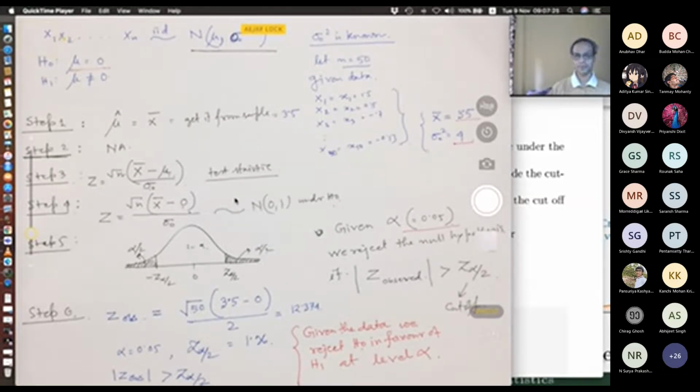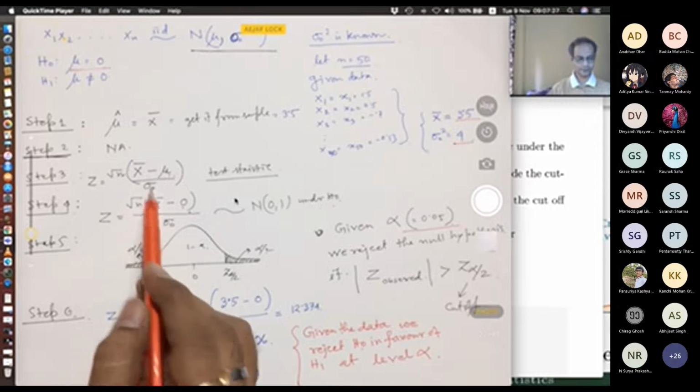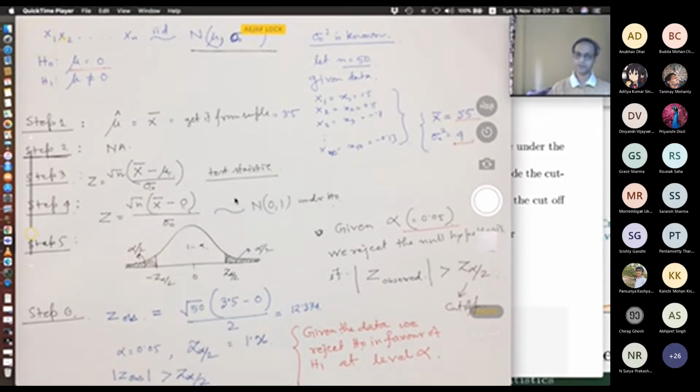Apart from that, all expressions should be carried forward except this. Sir, if sigma naught squared was unknown, then we have to substitute sigma naught by its estimate. Yes. Let us do that.